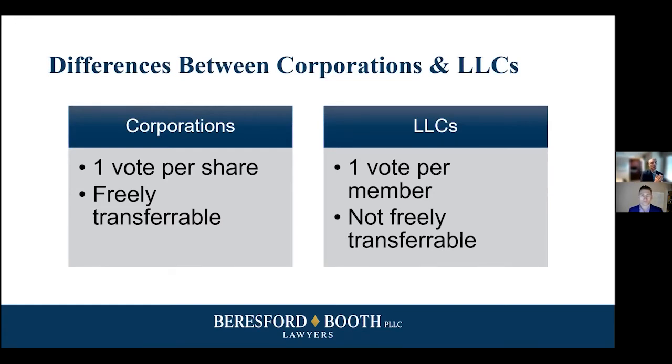And when you vote to elect directors, you vote your shares. I vote for David to be the director. And if I have the majority of the shares, unless we have what's called cumulative voting, then I get to elect all of the directors, okay? And it's just whatever majority rules, for the election of directors and for the vast majority of things that you vote on with a corporation.